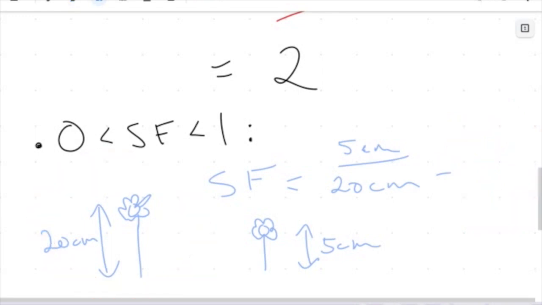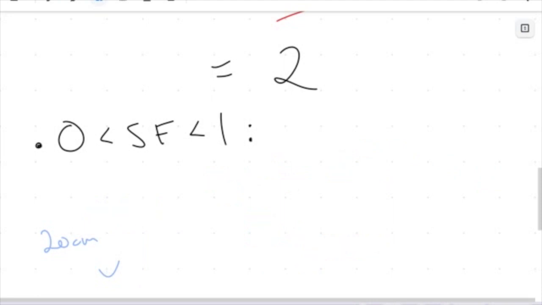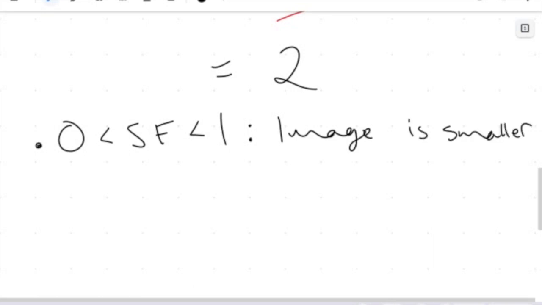So let's actually write down what we've noticed for this different range in the scale factors. So here, the image is smaller than the original.